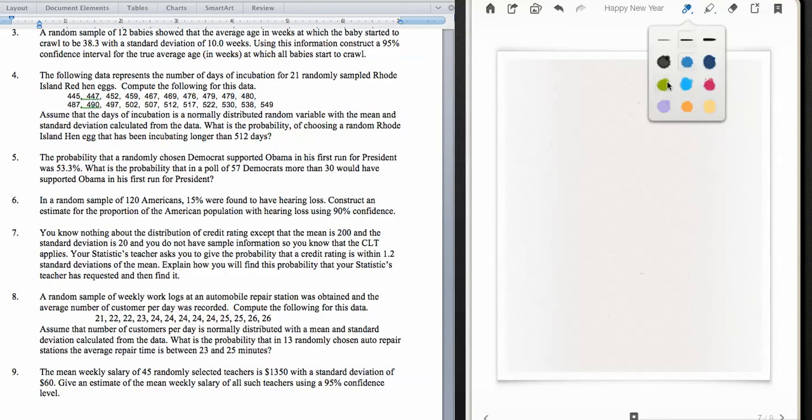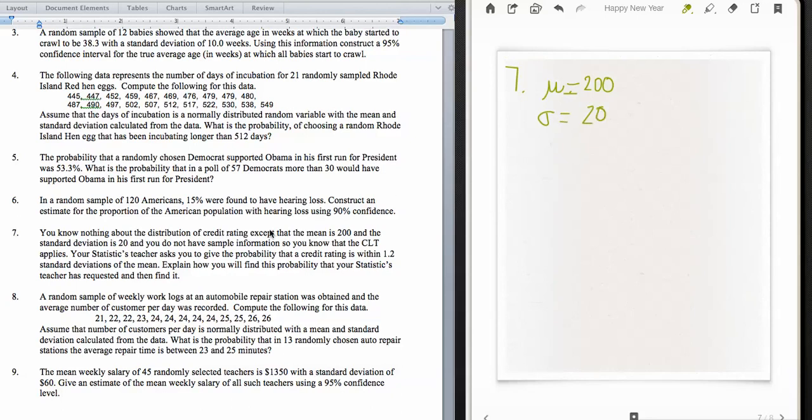So next problem, 7. It says, you know nothing about the distribution of credit ratings except that the mean is 200 and the standard deviation is 20. So I only know that the mean is 200 and the standard deviation is 20. And I don't have any sample information.